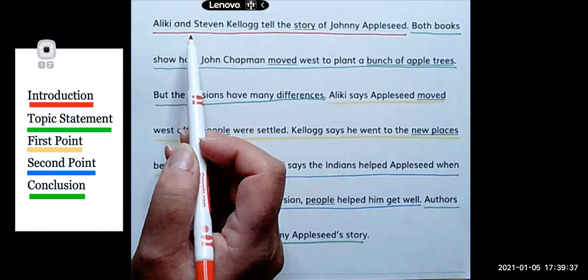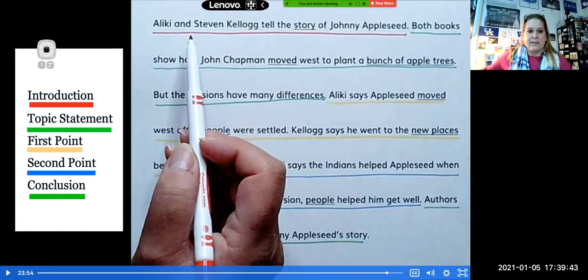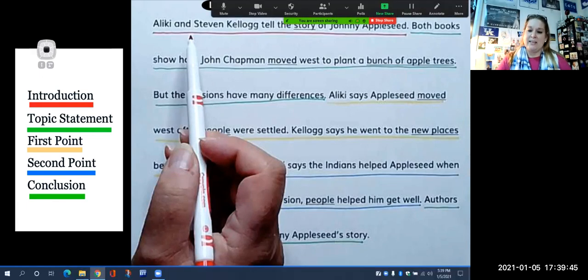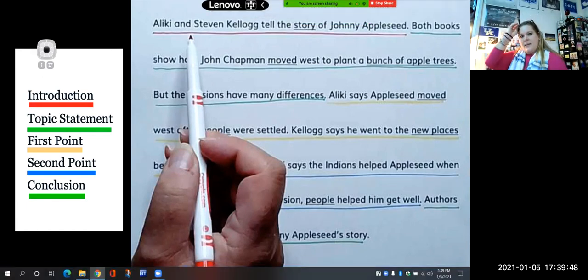Okay, so this is a little bit different. Have you guys noticed that this time the introduction is red, not the conclusion? The conclusion and the topic statement are both green because they relate to each other, okay?